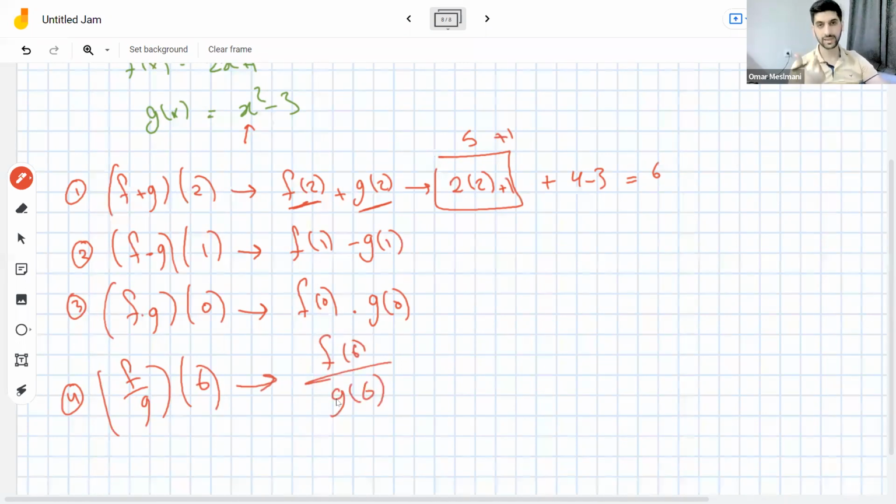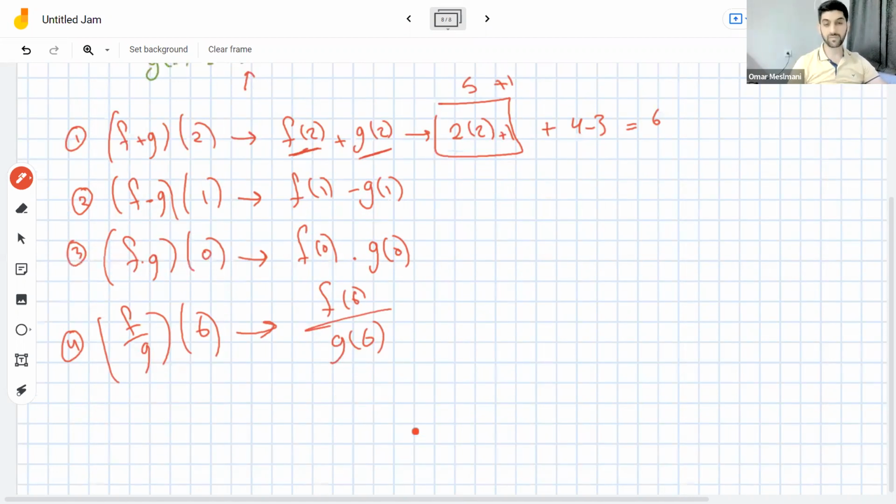So the adding, the subtracting, the multiplying, and the dividing are exactly the same as you know. Just find each one individually and then substitute and find the answer at the end. And as always, try to find the answer as simple as you can.